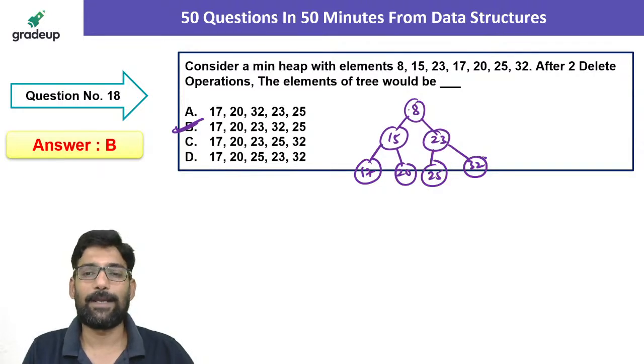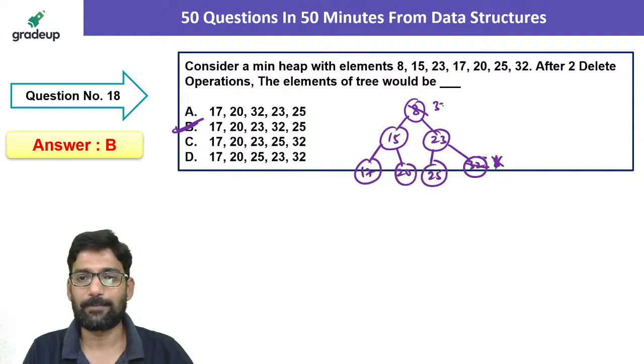Now we would like to delete. So swap with the last element, then delete. Now ordering property, it's a min heap, so swap with the min element. 15 comes here, 32 comes here, then 17 comes here, 32 comes here.